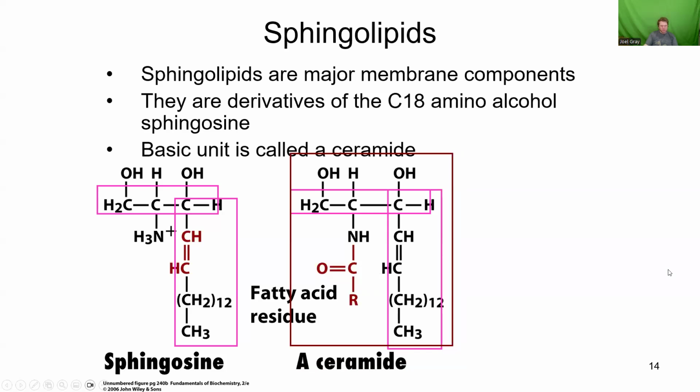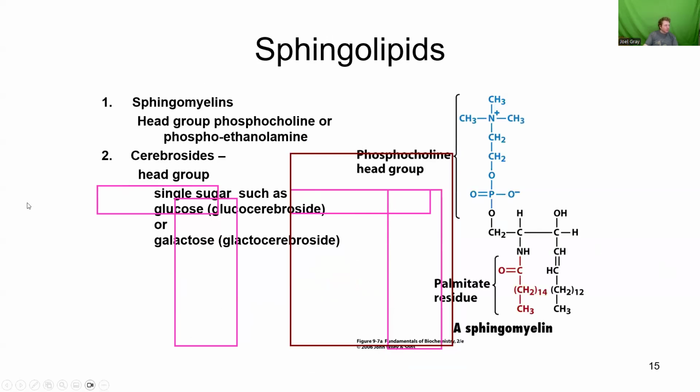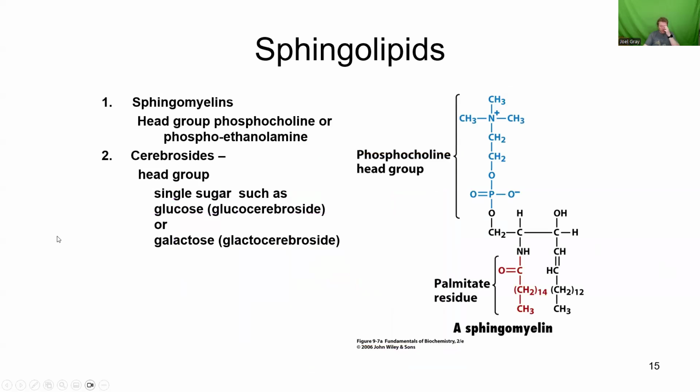Now, if we proceed from there, a sphingomyelin is just an example of a sphingolipid. Sphingomyelins have a head group of phosphatidylcholine or phosphocholine. So here is that head group that has been added to this phosphate that is on this 18 carbon long structure.